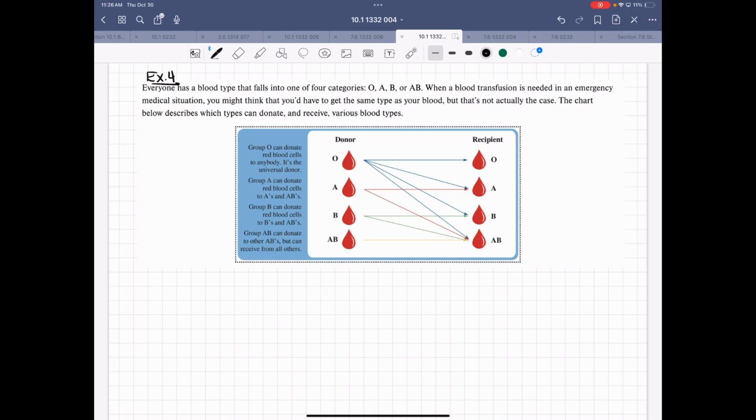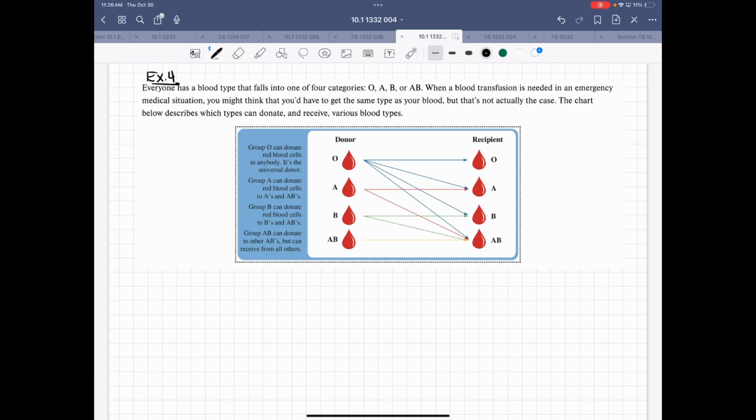Okay, so if you are O, you can donate to O, A, B, or AB. You can donate to all 4 of those if you are O. But now O can only receive who? O. All right, A can donate to A and AB. B can donate to B and AB, and AB can donate to AB.